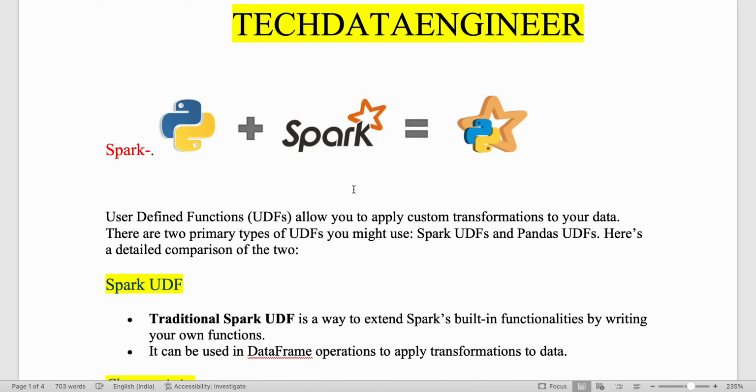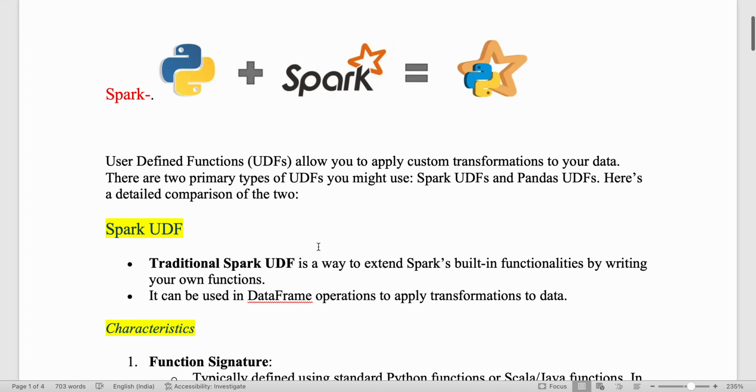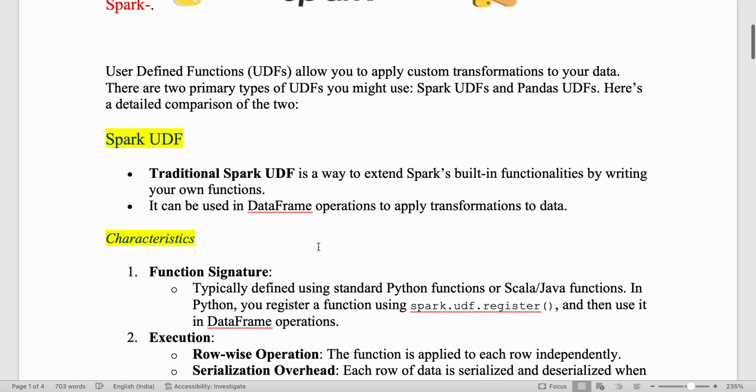The traditional Spark UDF is a way to extend the Spark built-in functionality. Whatever built-in functionality we have with Spark, if you want to extend it by adding your own customized function, you can do that by writing your own function. Spark UDF can be used in data frame operations to apply transformations to the data. If you talk about the characteristics, first is the function signature.